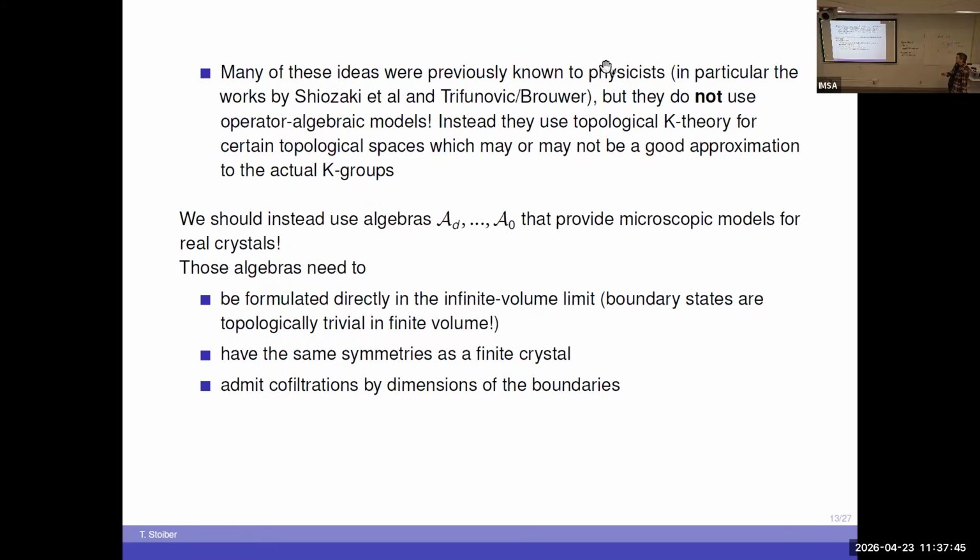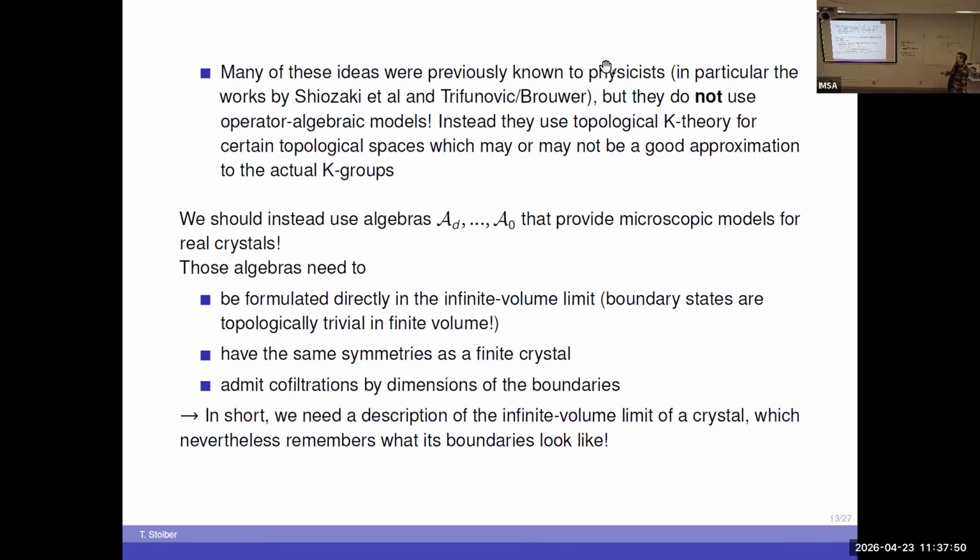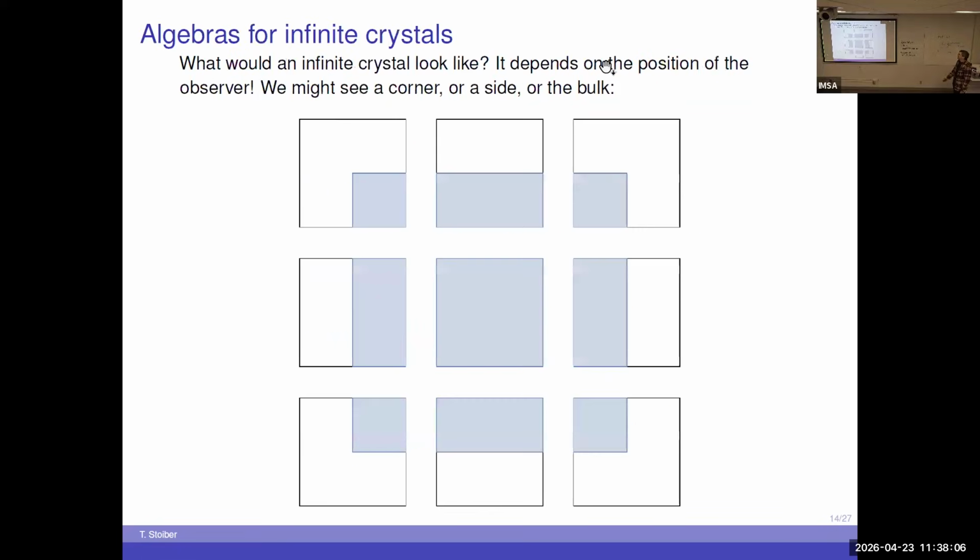And the idea that we use is to go back to, basically, what I said. What we need is an algebra of the infinite crystal which has boundaries, which is kind of paradoxical, right? An infinite cube usually doesn't have boundaries, if you take the limits. But what I mean is this. We need an algebra which describes, roughly speaking, something like this. You take, for example, in 2 dimensions, a square crystal, and you want to take the infinite volume limit.